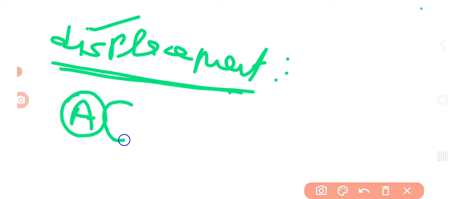We will understand this reaction by this example.